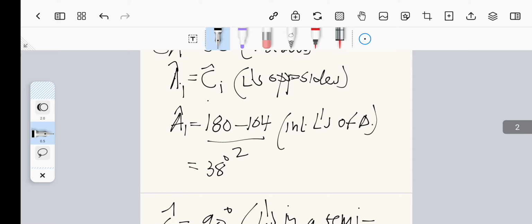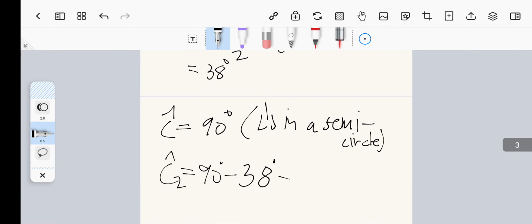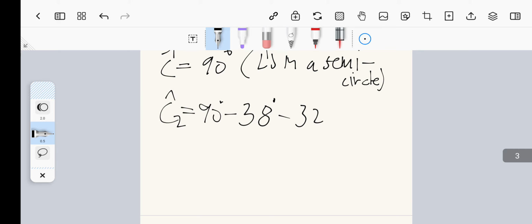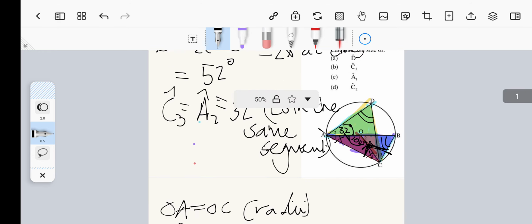And C3 we said was 32 degrees. So we're going to say 90 minus 38 minus 32 in the calculator, and the calculator says this is going to be 20 degrees. All right, so that is the entire question.